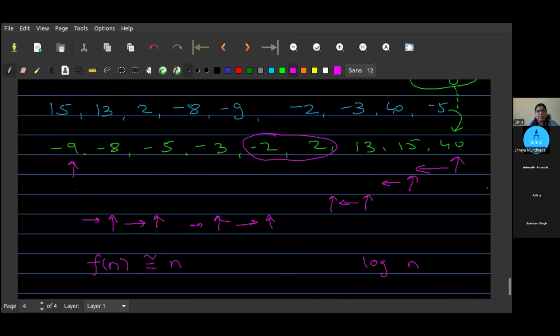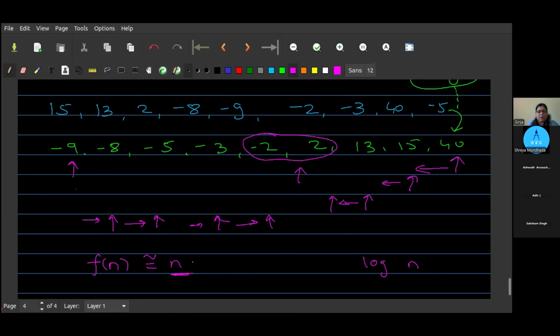So after at most n steps, both pointers will collide. So that looks like an upper bound. You cannot have n squared. n seems fairly good enough. Everybody agrees that you cannot have more than n.